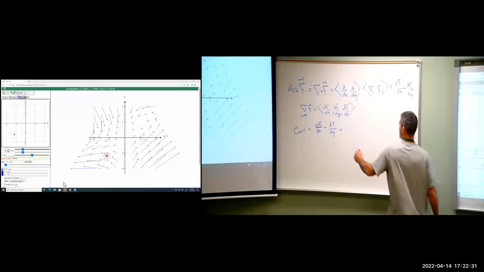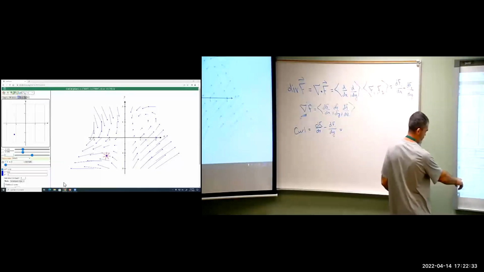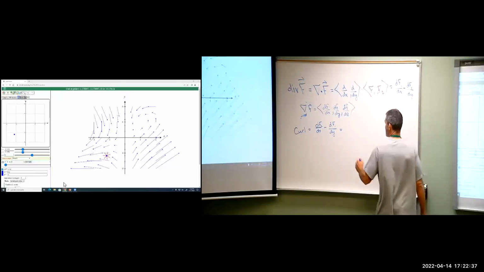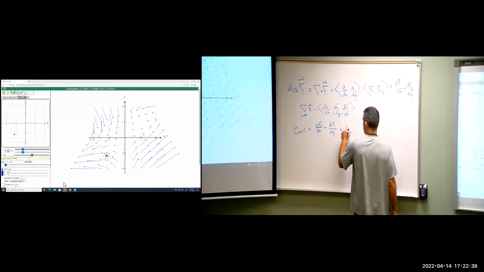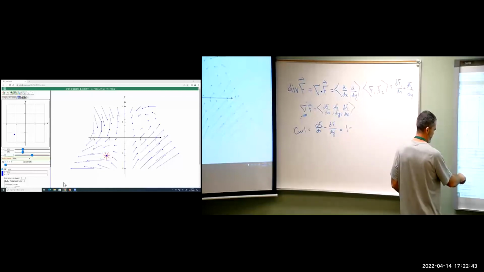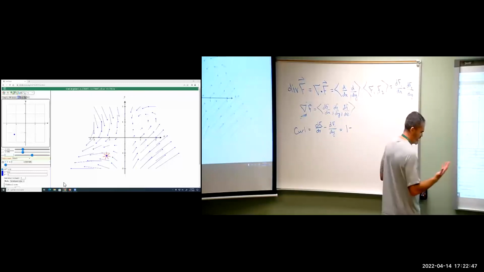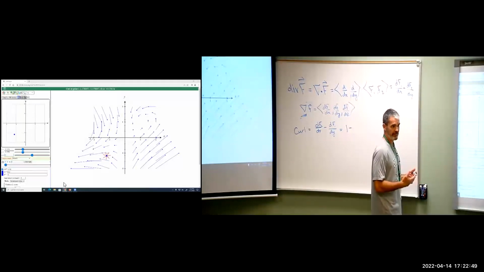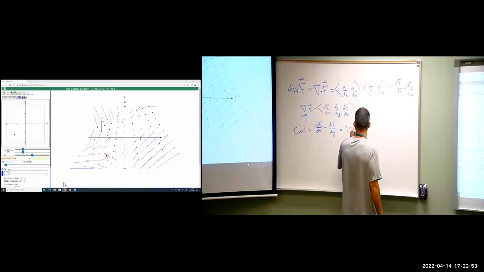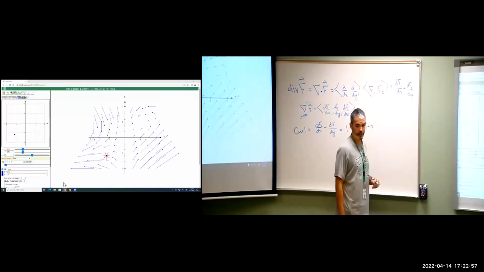So dF2/dx, I'm taking the derivative of N with respect to x, which would just be 1, and then dF1/dy. So the derivative of this guy with respect to y, well, x with respect to y is 0, and negative xy with respect to y is negative x. So 1 minus negative x, or 1 plus x. That will give us the curl at any point.